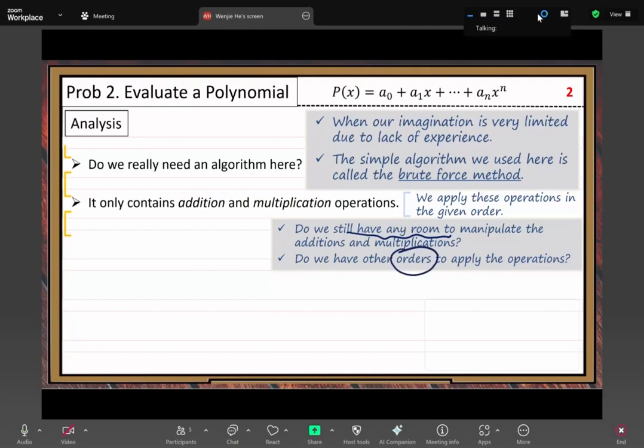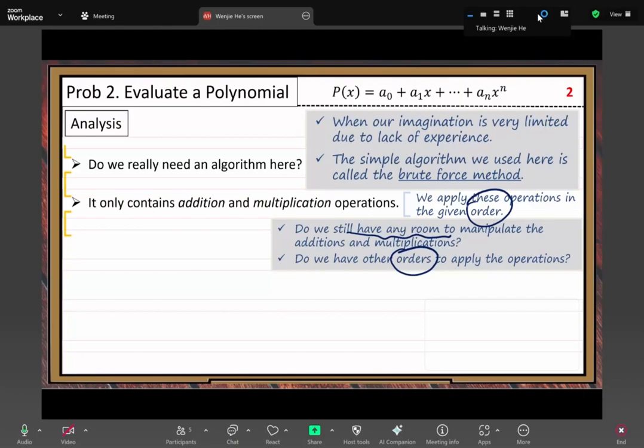When we have many operations, another question related to a sequence of operations is the order of the operations.